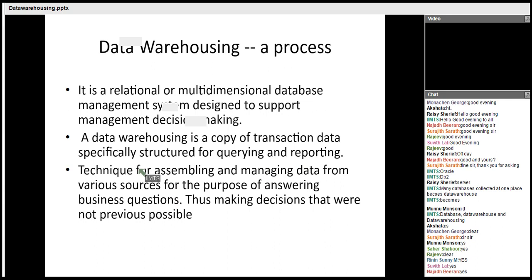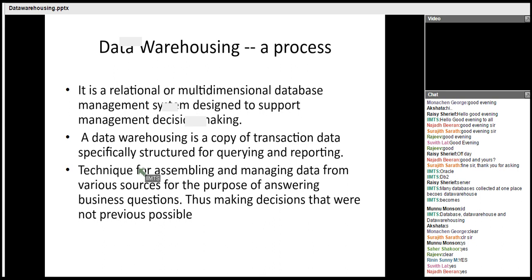A data warehouse is required whenever a company wants to make reports, to analyze their performance, and to predict their future. They want the data for the last 5 years, for the last 10 years.